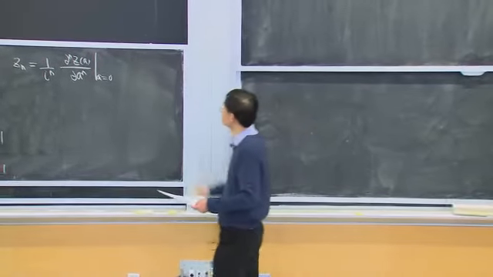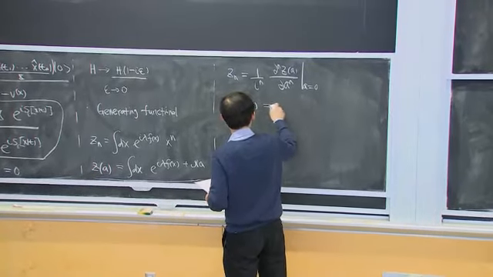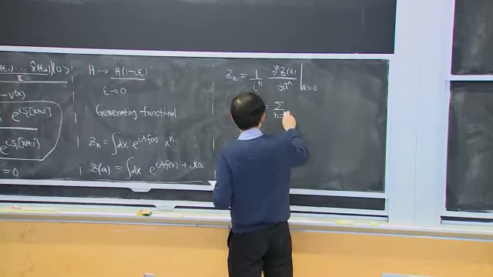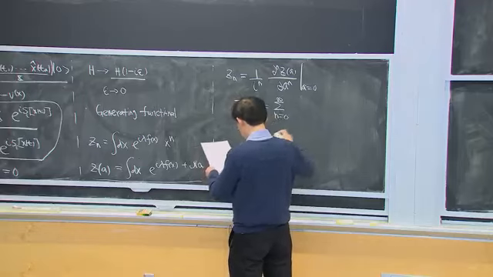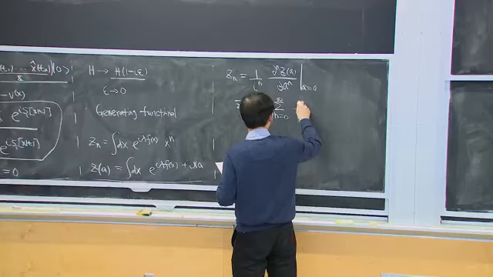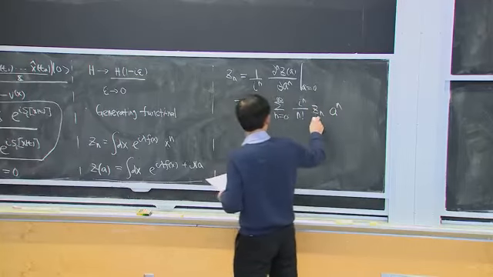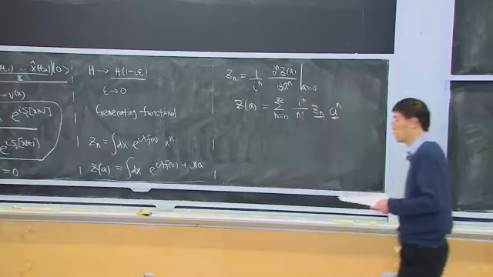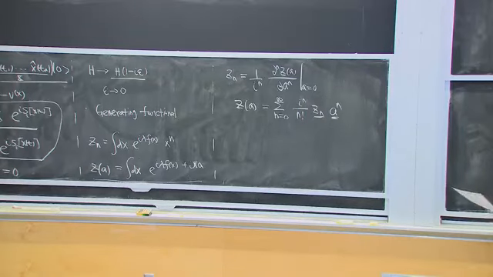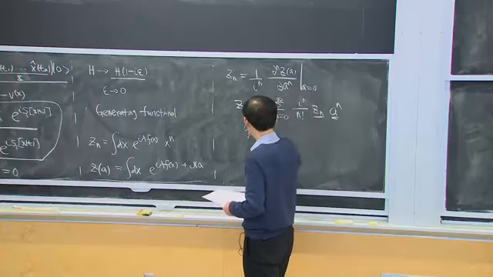In other words, we can also expand Z(a) in terms of a power series in a, and then I_n would be the coefficient for a to the power n. So we call this Z(a) the generating function.